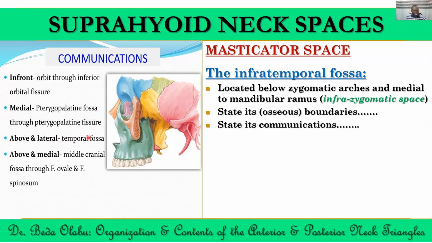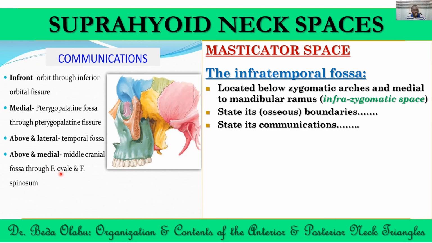Superiorly, it communicates with the temporal fossa. This will be superiorly and laterally. This will be the passage of the temporalis muscle together with the deep temporal neurovascular structures. And superiorly and medially, it communicates with the middle cranial fossa through foramen ovale as well as foramen spinosum. In foramen spinosum, we'll have passage of the middle meningeal artery and nervus spinosus.